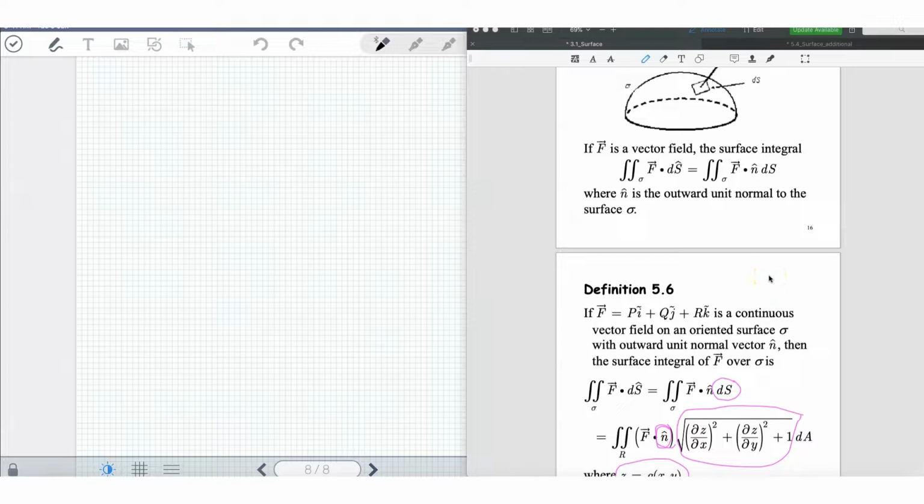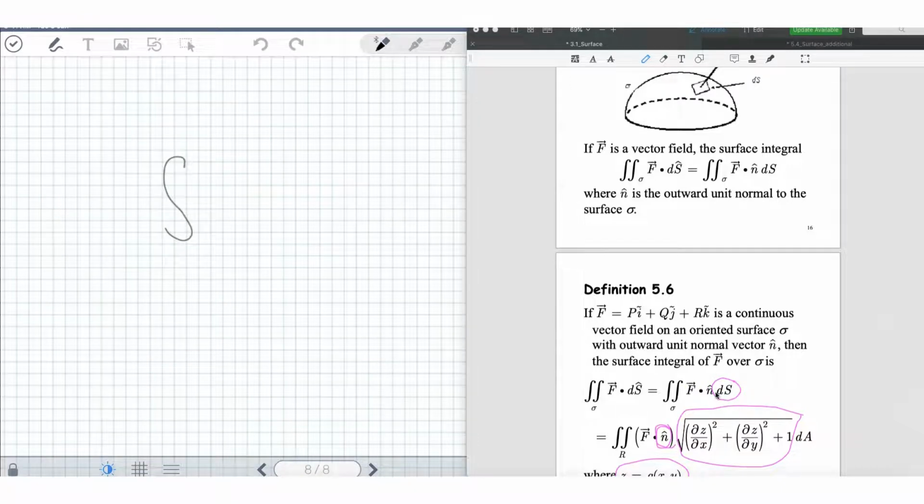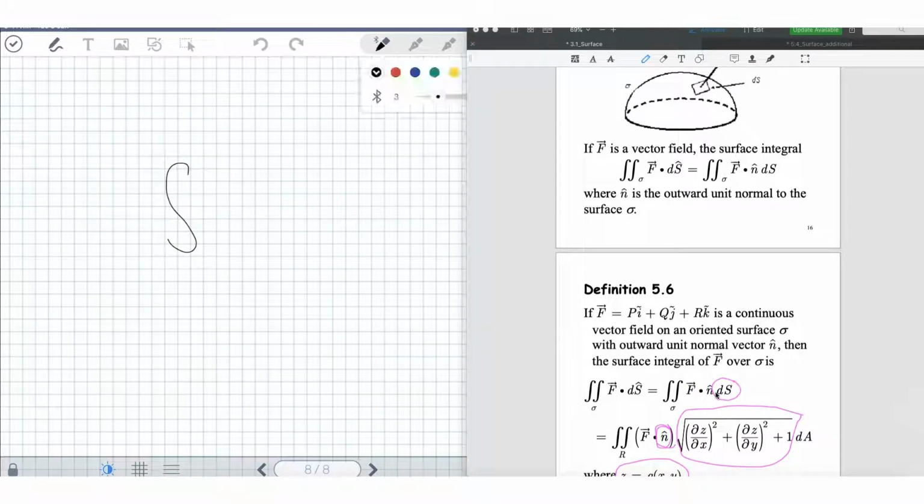Okay, since now in calculating the surface integral for a vector field, we don't use the small n anymore, which means we don't use the f dot small n ds, but we use f dot n ds over the surface sigma.